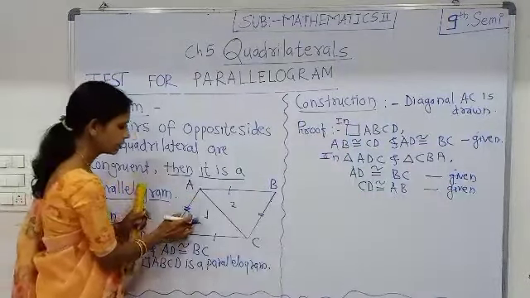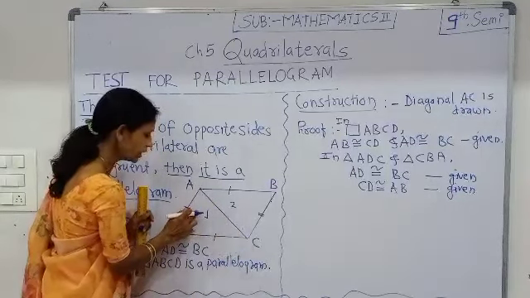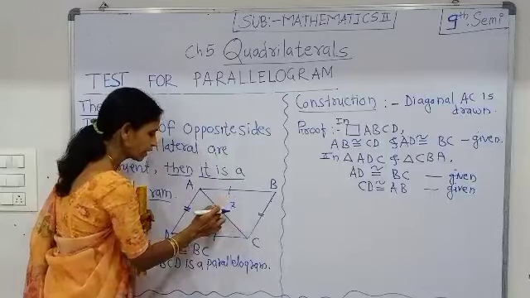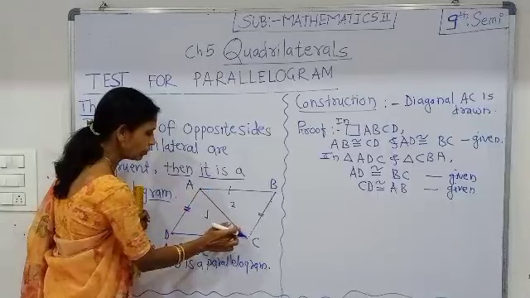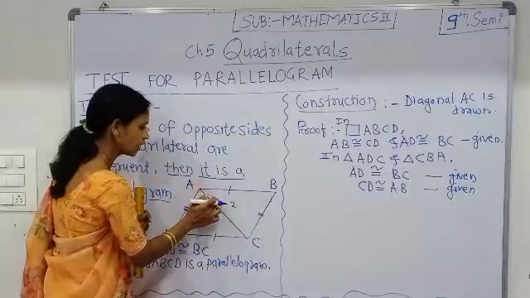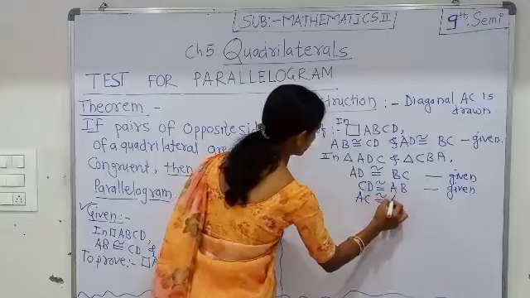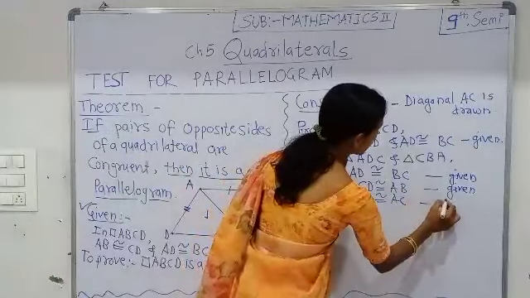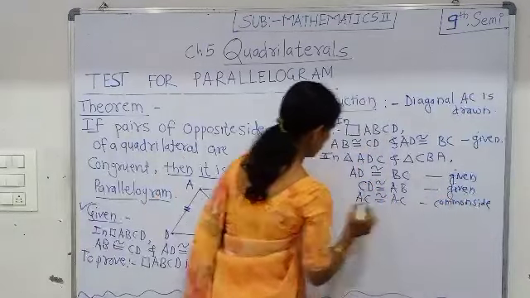Then see here, one more side, AC of triangle ADC and AC of triangle CBA, are also congruent, that is AC congruent AC, which is the common side.